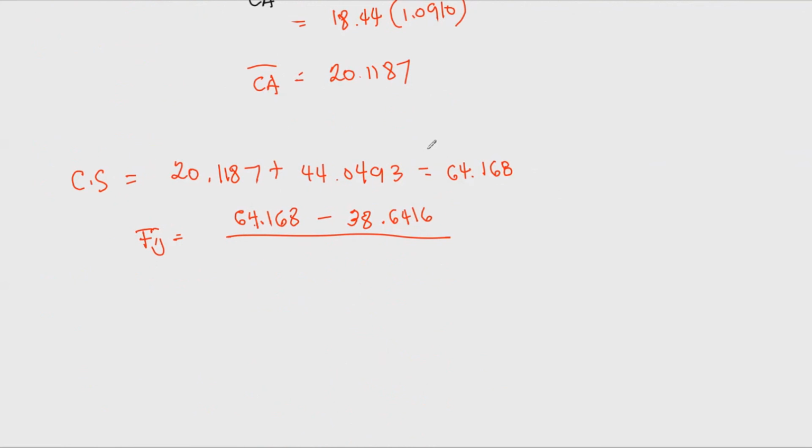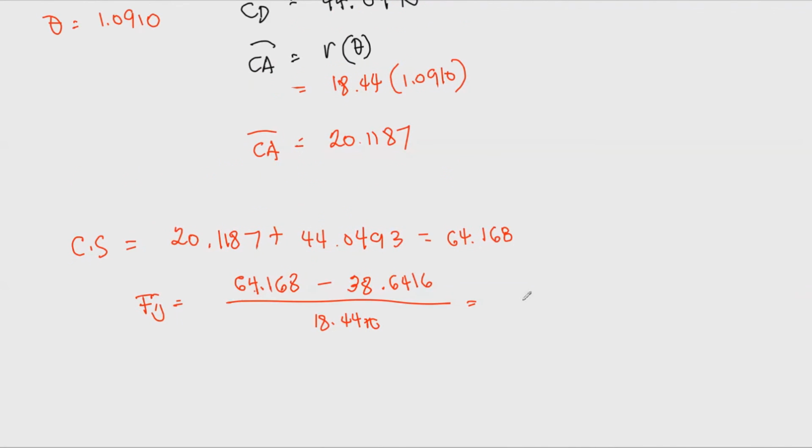So 18.44 pi. So this is equal to 0.4406. So this is our value for the view factor of Ij.